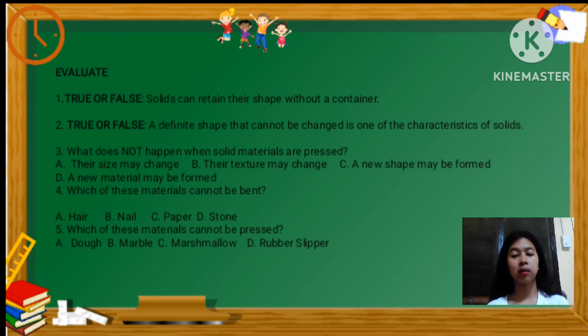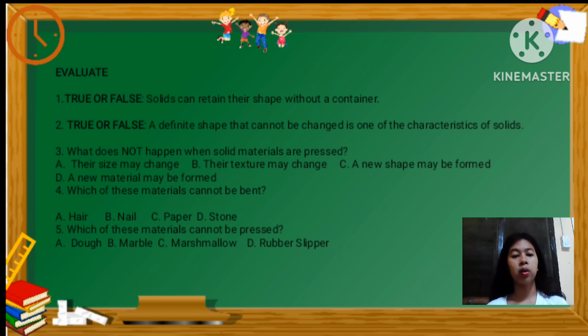What is your answer? Okay. Number 2 is true. Number 3, what does not happen when solid materials are pressed? Letter A, their size may change. Letter B, their texture may change. Letter C, a new shape may be formed. Letter D, a new material may be formed. What is the answer? Okay, the answer is letter C.